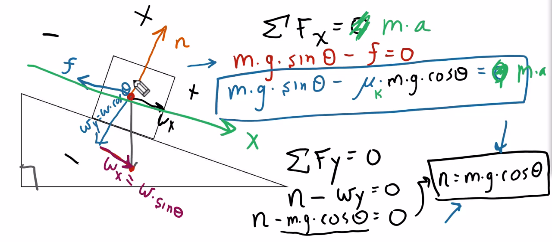It is not launching itself off of the plane. It is going down the plane along the x-axis. So as a result, our y-axis remains the same. It remains 0, and that remains in balance and in equilibrium. So the only change for second law is this would be m times a along the x-axis, and instead of static coefficient of friction, I would be using the coefficient of friction that's kinetic.